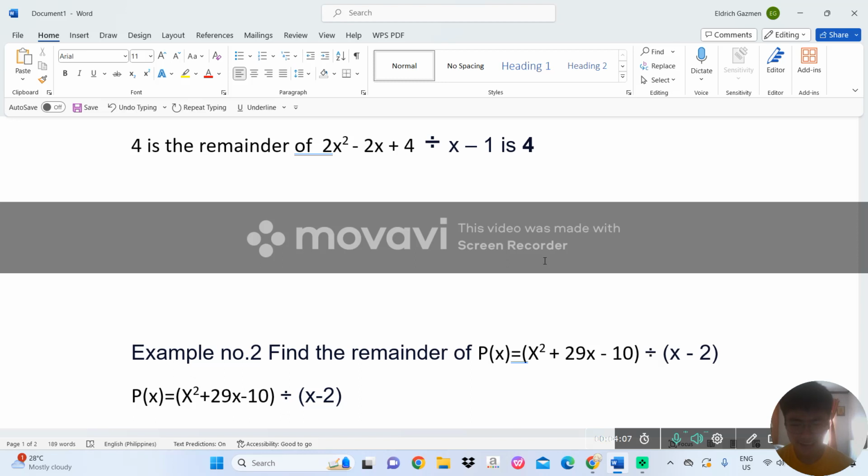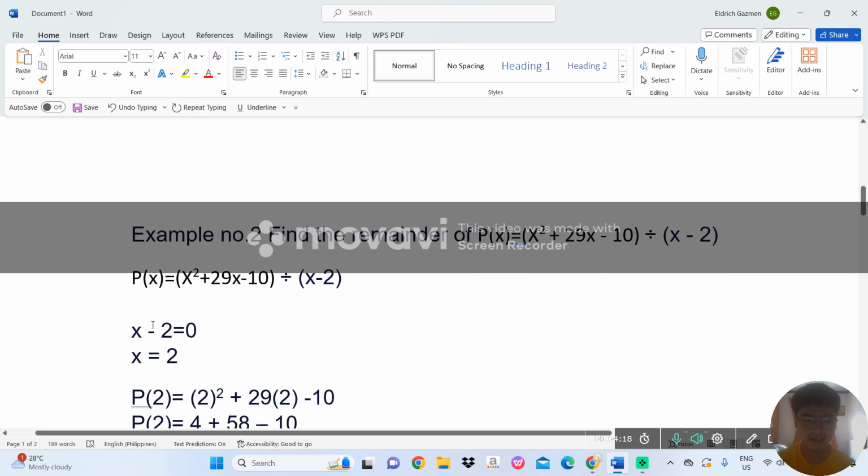Okay, we still follow the ways we did in example 1. We solve the x of our divisor. So, x minus 2 equals 0. We transpose that. That will turn into x equals 2.